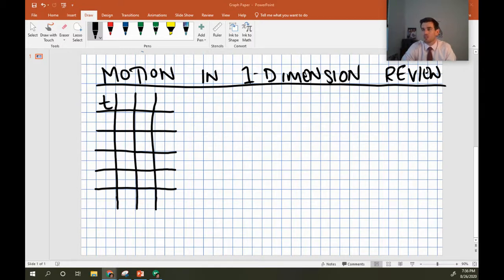So starting this off, we're going to do motion in one dimension, and let's talk about what we did with motion diagrams. I was going to say the very first week of school, but this class is moving so fast that we're just not that far past the very first week of school. This motion diagram I'm drawing here is a pretty characteristic, common one: an object that is speeding up.